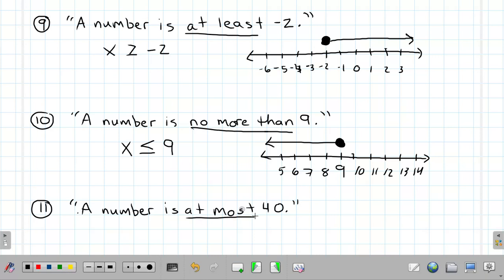That means you're kind of guessing, or you're saying that the most tiles in the floor can be 40, so it's either 40 or less. If a number is at most 40, then the most the number can be is 40, so the number you have needs to be less than or equal to 40.